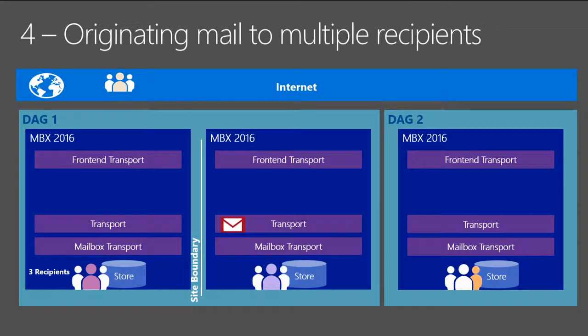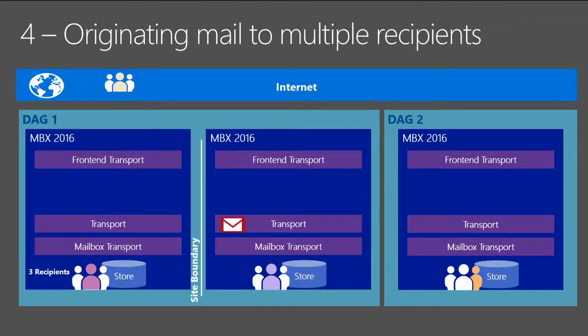Because it had 3 recipients to choose from, chances are it would choose either Purple or Orange, and it would pick that one up. In this case, recipient Purple, it sends that mail to the transport service on the other box for processing.